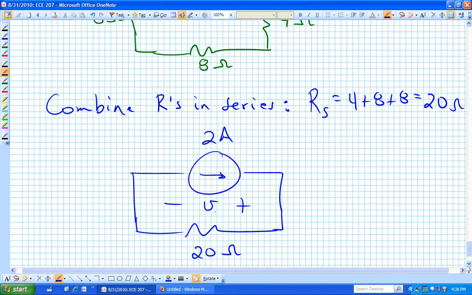We're just measuring the voltage drop across that 20 ohm resistor, with the positive terminal on the right, the negative terminal on the left. And what is that voltage? That current now goes in the positive terminal, which is the passive sign convention. It's R times I. R is 20, I is 2.